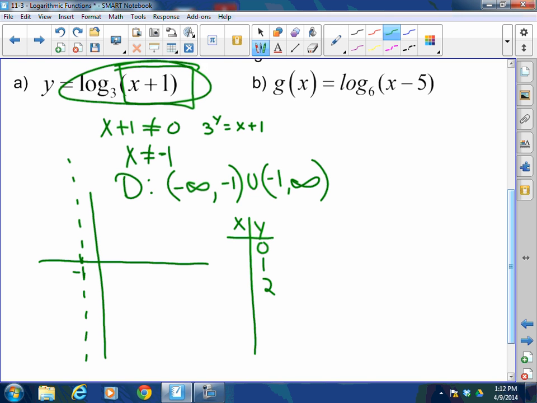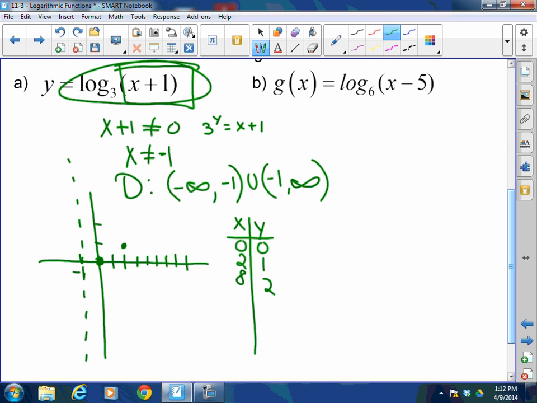When y is 0, this is 1, right? 3 to the 0 is 1. Subtract 1 from both sides, 0, 0. When y is 1, 3 to the first power is 3, minus 1 is 2. When y is 2, 3 squared is 9. 9 minus 1 is 8. 1, 2, 3, 4, 5, 6, 7, 8.